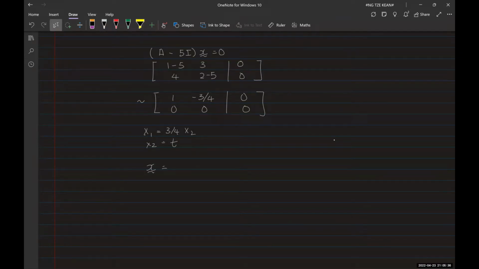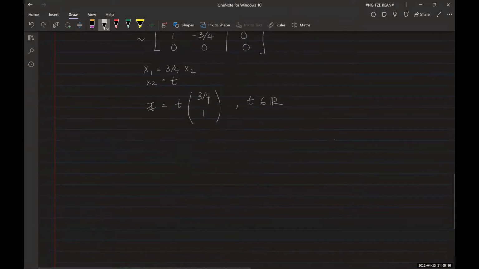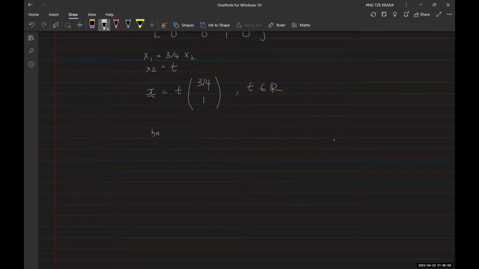And we have x equal to t times (3 over 4, 1), where t is in the real numbers. And this will then be the basis for lambda equal to 5. Okay, so that's for lambda 5.